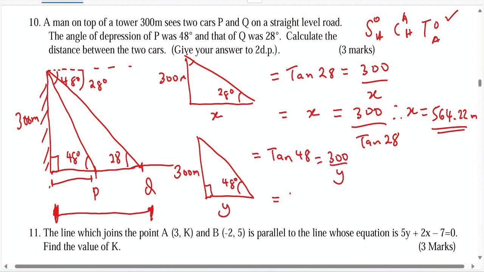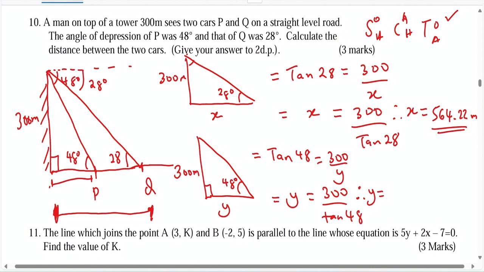So for you to get y, you just flip flop. Pale ambapo kuna y utaweka tan 48, pale ambapo kuna tan 48 utaweka y. Si tuko sawa? So y equal to 300 divided by tan 48, which is y equal to ngapi?